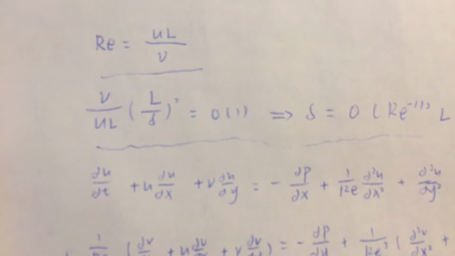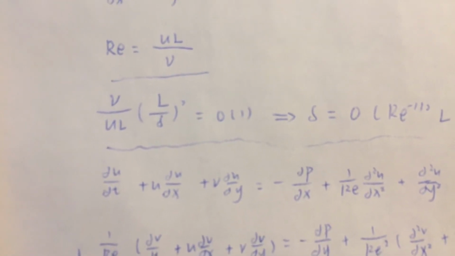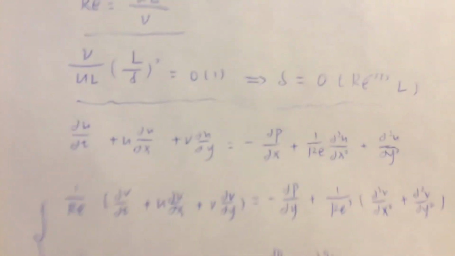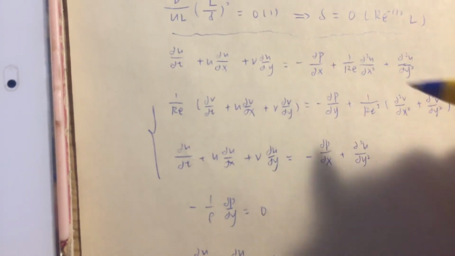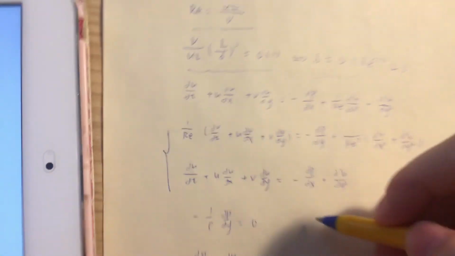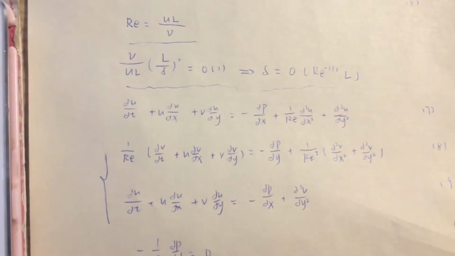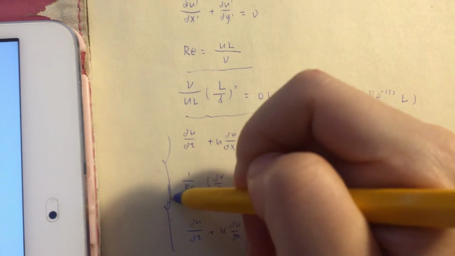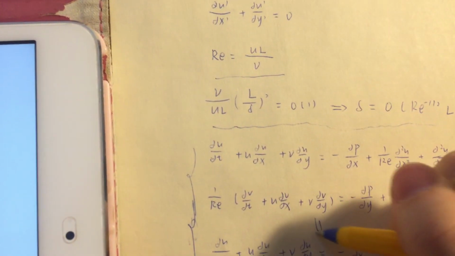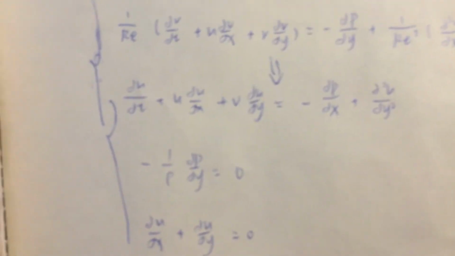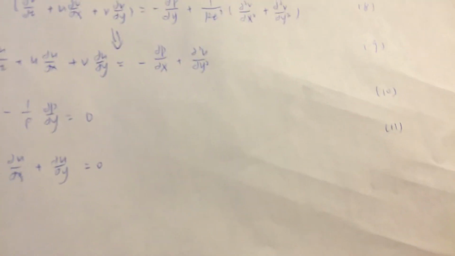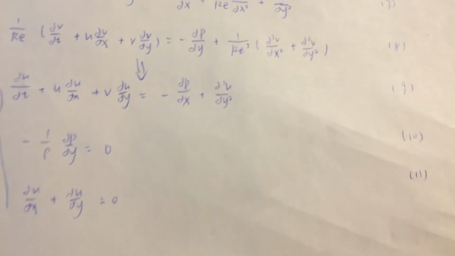So in terms of the dimensional variables, equations 7 and 8 can be reduced to these three, equations 9 to 11.